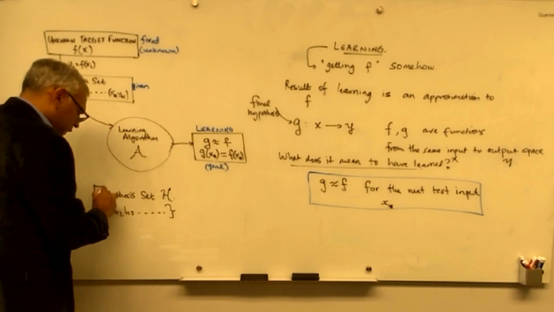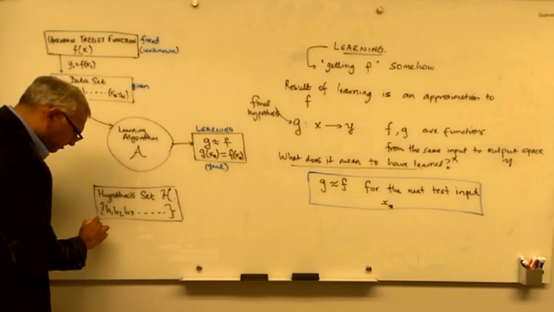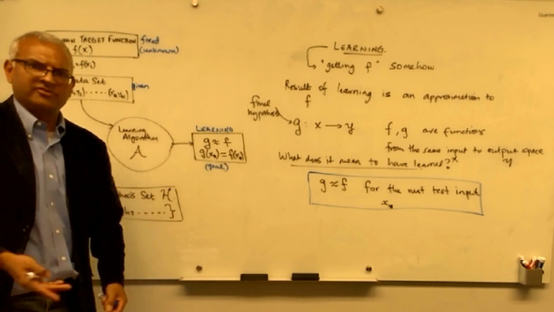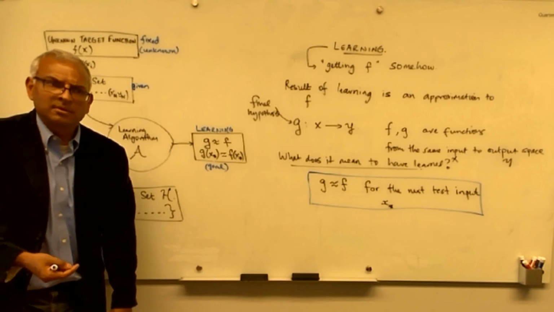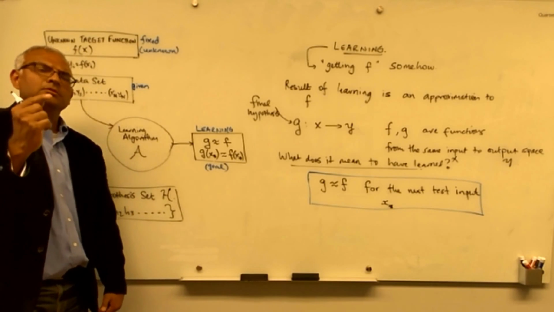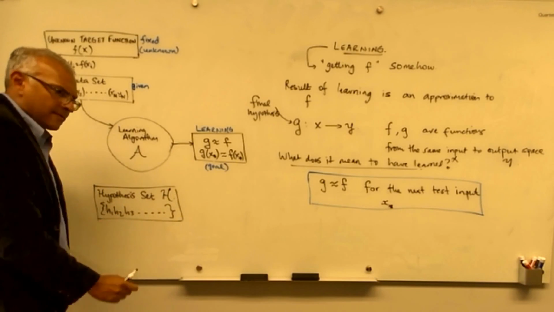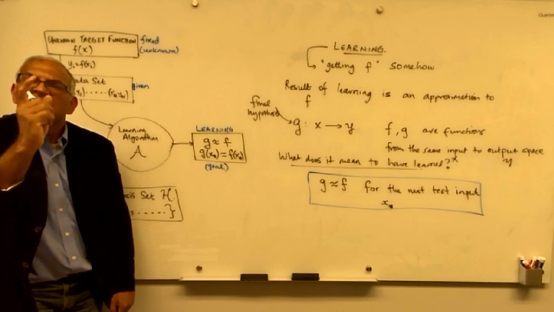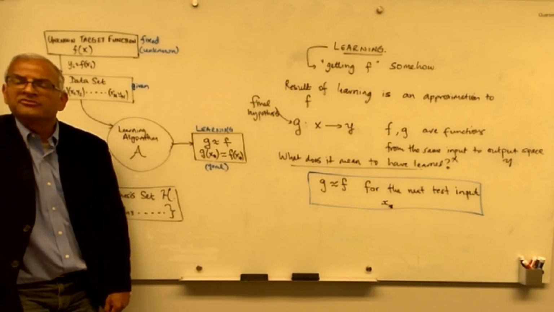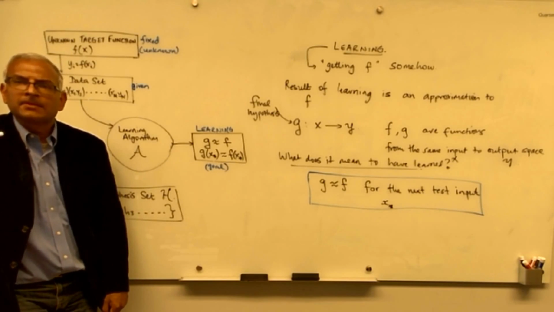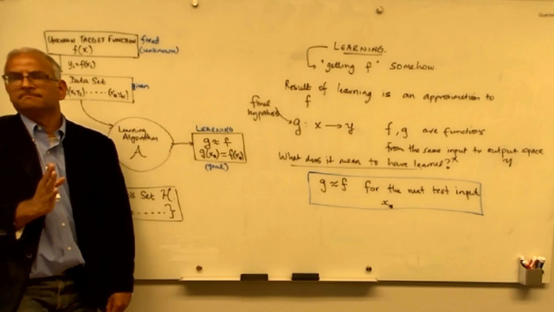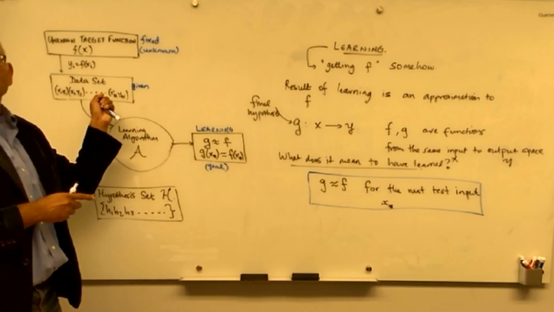Well, no big deal here. I defined a set of hypotheses H. And I am going to assume that this set of hypotheses is fixed ahead of time. What do I mean by ahead of time? Before you see the data.